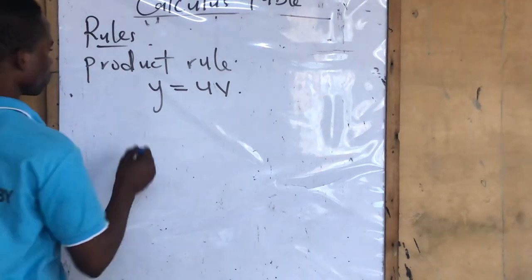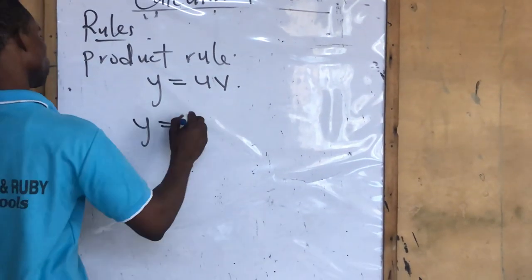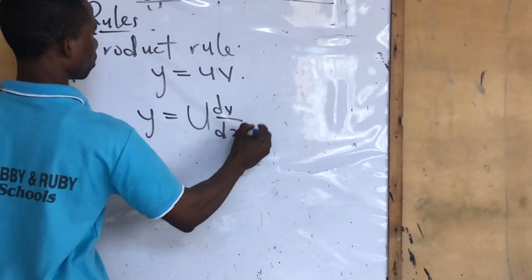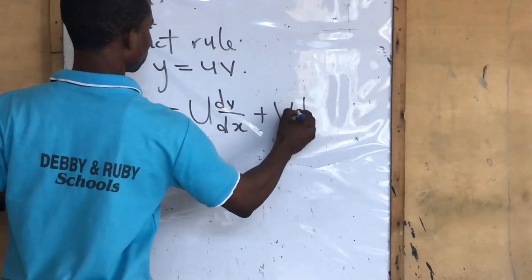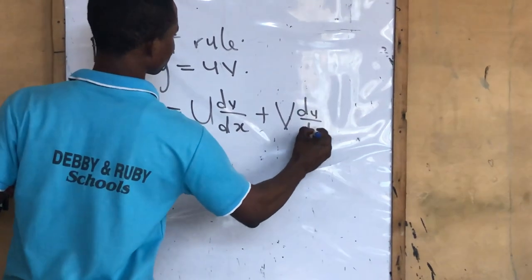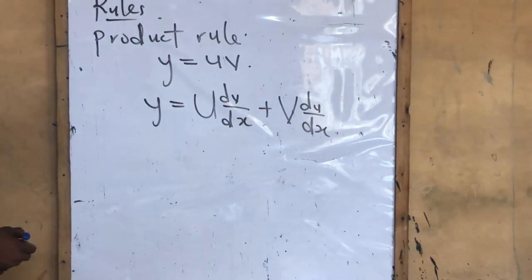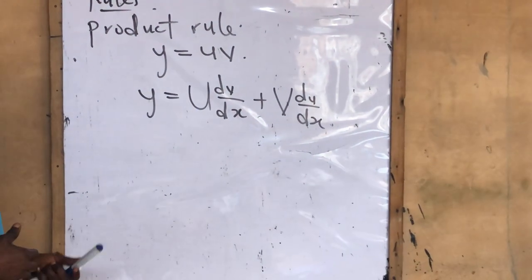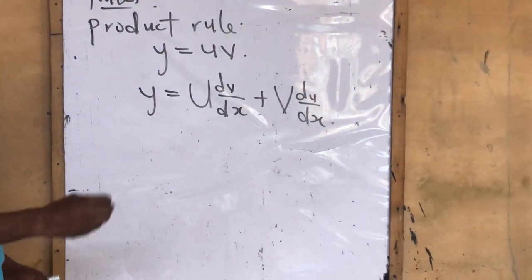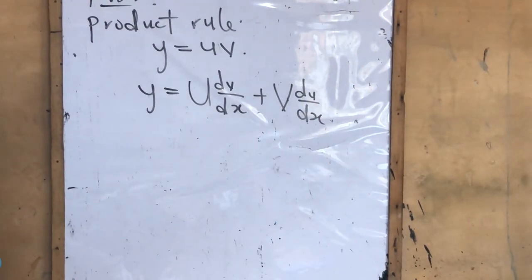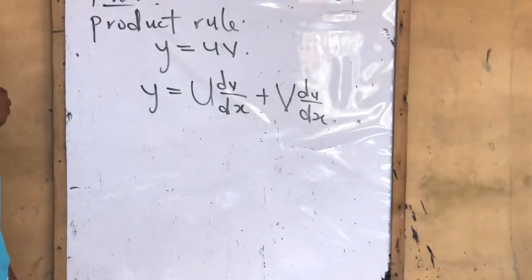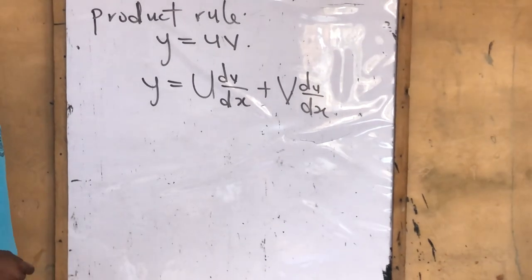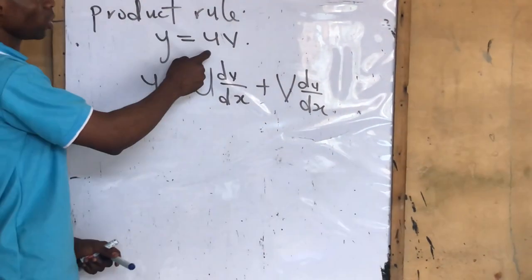And the formula is dy/dx equals u dv/dx plus v du/dx. Now, when you see a question in calculus, in differentiation, they will not tell you that you are using product rule or quotient rule or any rule. It's you that has to know the rule you are going to use for that particular question.